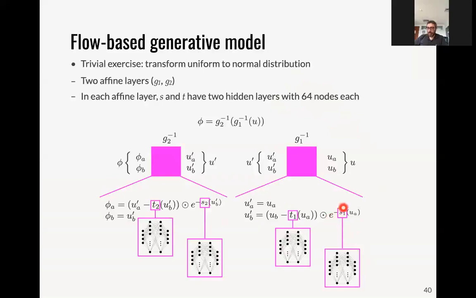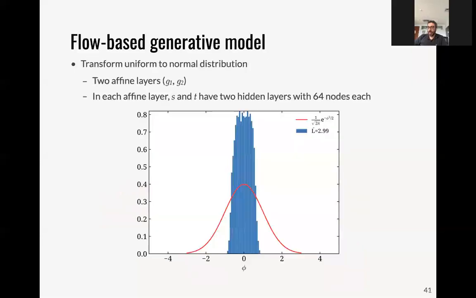So basically you have 1, 2, 3, 4 neural networks here and their parameters to tune in order to get this p tilde of phi to be as close to your desired distribution, in this case, a normal distribution, as possible, okay? And so you can just draw now the curve, which is the normal distribution that you expect.